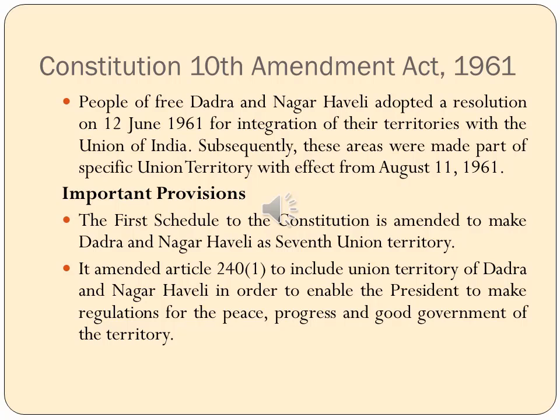It amended Article 240 subclause 1 to include the Union Territory of Dadra and Nagar Haveli, and it gave the rights to the President to make the regulations, so that the peace, the progress and good governance of this territory can be maintained. So it gave the rights to the President to make the rules and regulations for the development of the people of Dadra and Nagar Haveli.